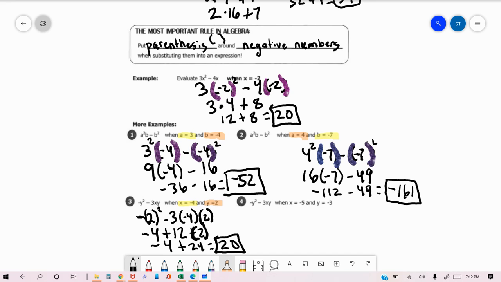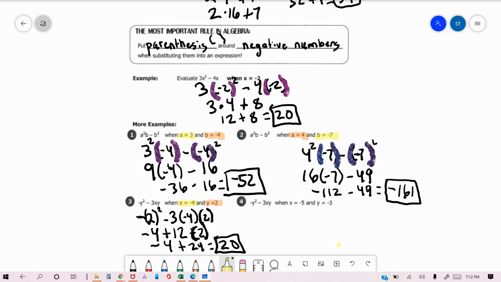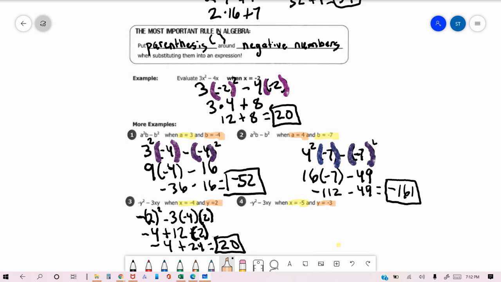We are going to have x is negative 5, and we are going to have y is negative 3 in this particular problem. Okay, so we are going to start out with negative. Remember how we did that over here?